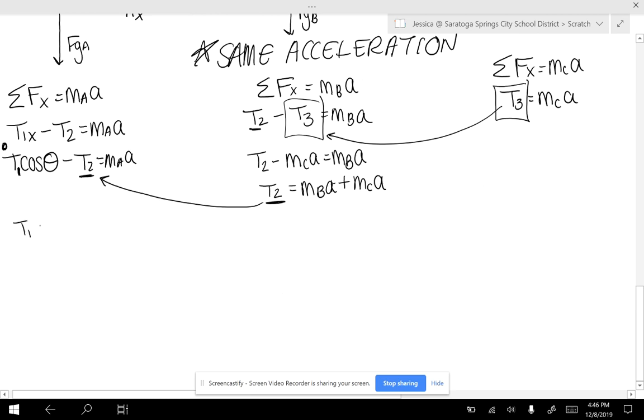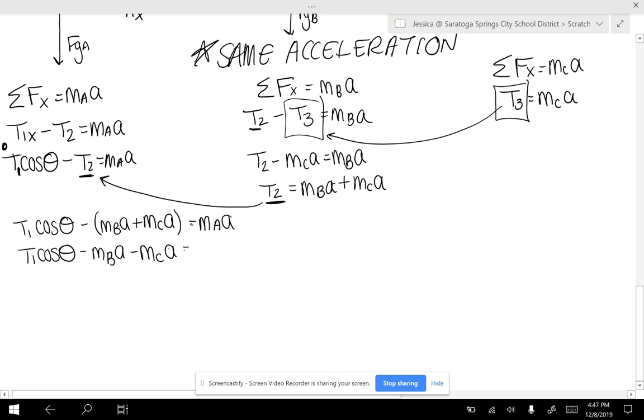And I can then take this T2 and substitute it in here. So T1 cosine theta minus, remember to use parentheses, MBA plus MCA is MAA. I'm going to distribute that subtraction. Minus MCA. Move these two terms over to that side because, again, I'm solving for acceleration.